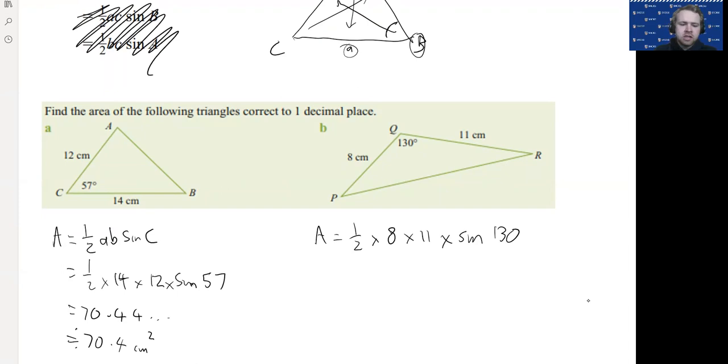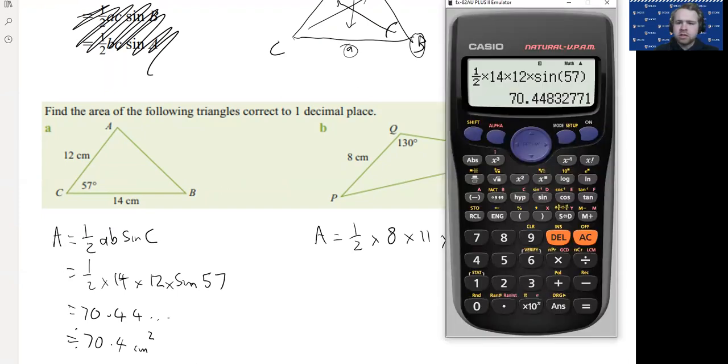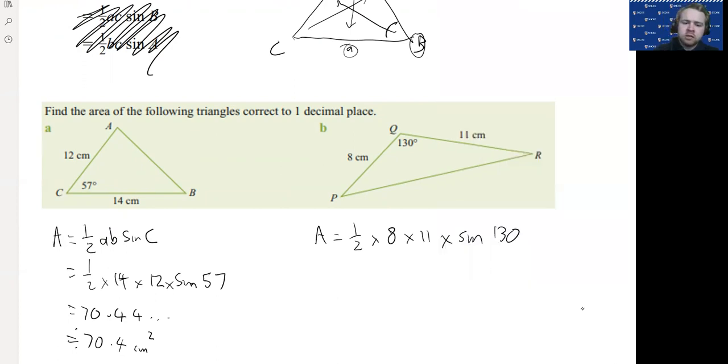That's all you need to do for these questions. So half times 8 times 11 times sine of 130, close brackets, and we get 33.70 dot dot dot, and then that rounds to 33.7, again centimeters squared, because we're finding an area.